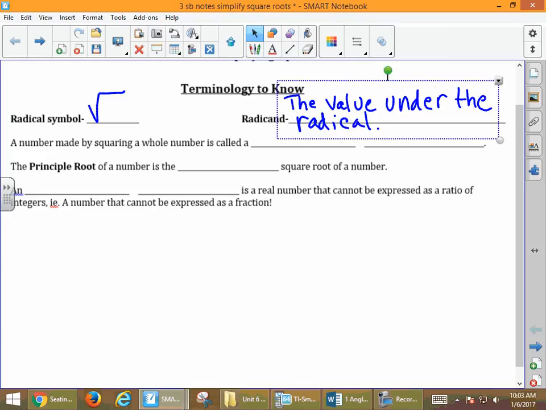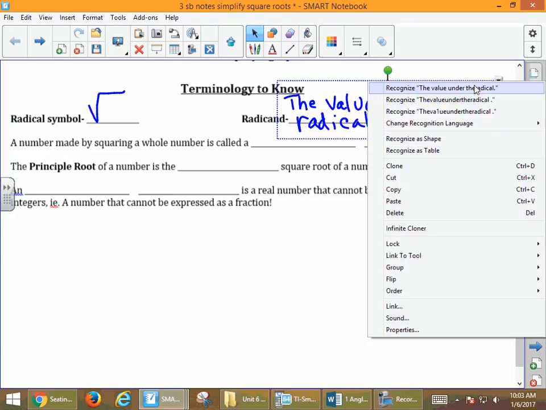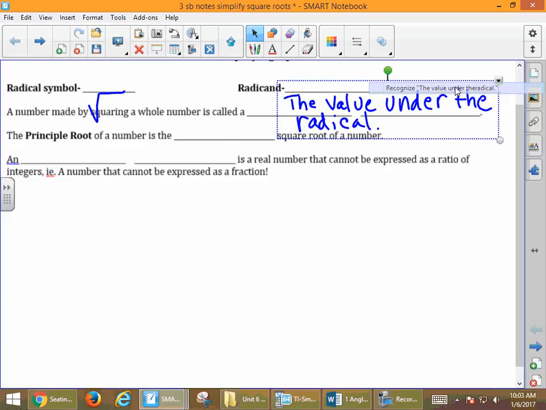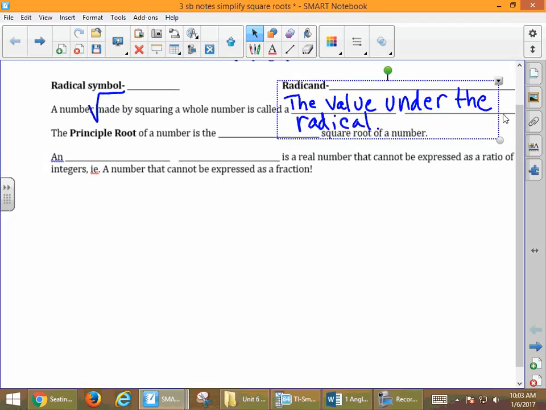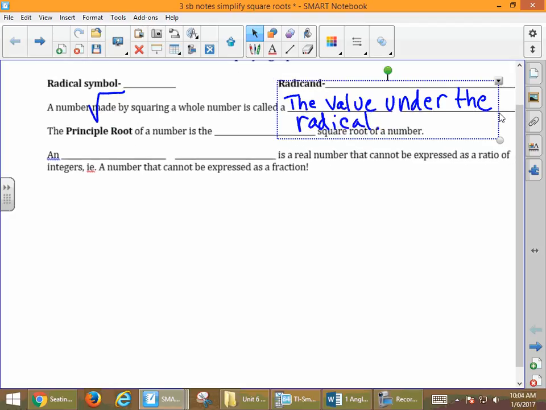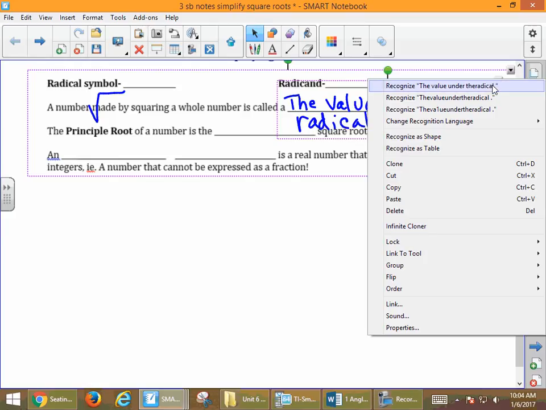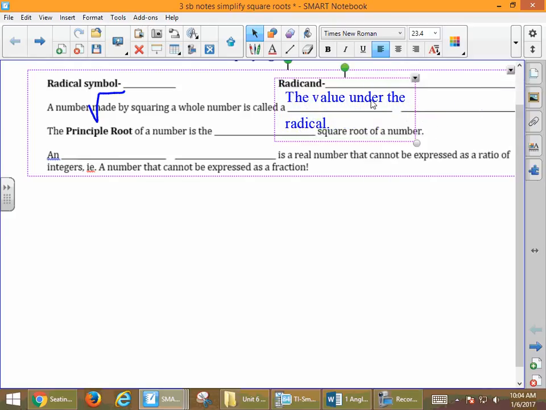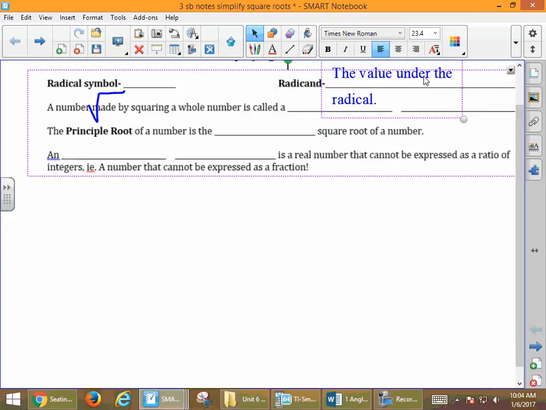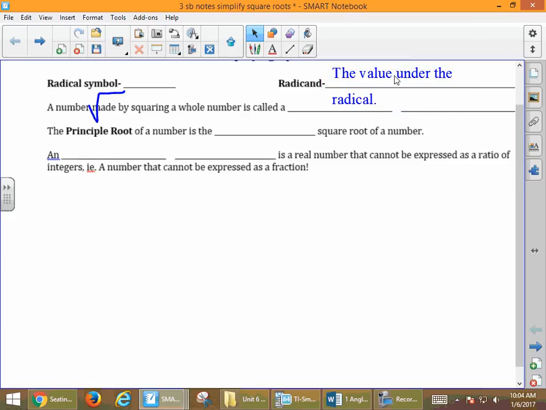And to make it a little bit better, so there I tried to put it in words there. The value underneath the radical. And now my radical symbol is not in the right space. I don't know if it was worth it.